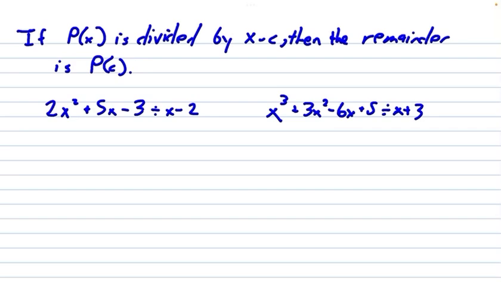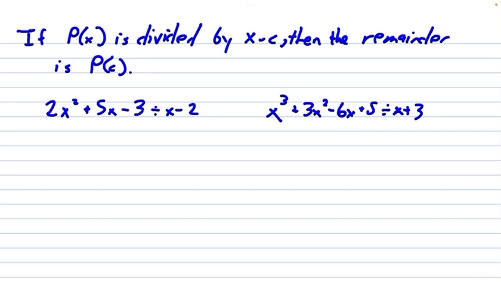All right. So here we have 2x squared plus 5x minus 3 divided by x minus 2. So normally we would have to go through long division or synthetic division and get to the very end of the problem to find the remainder.